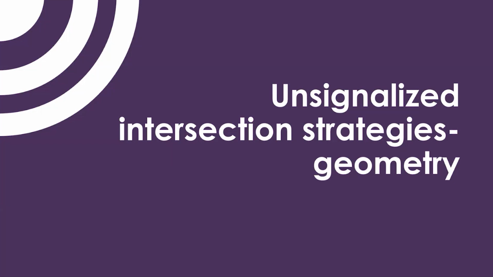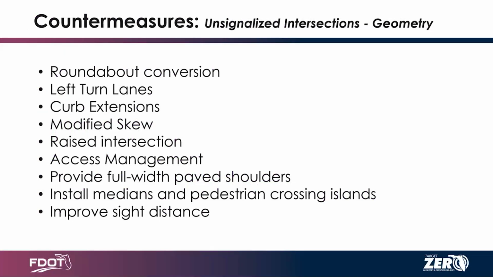And so that was just a high-level overview of the conflict points at intersections and more of the philosophy behind the complexities there. And so specifically now we're going to get into unsignalized intersection strategies, and these countermeasures are going to be focused on geometric changes.